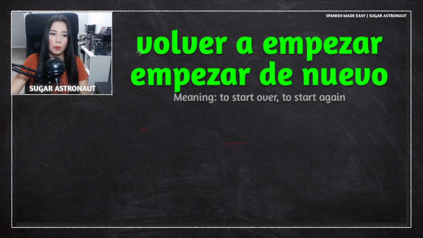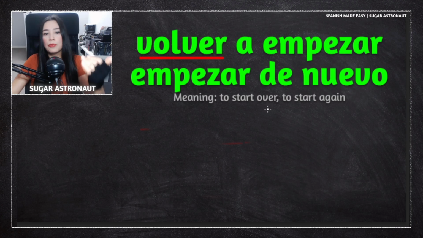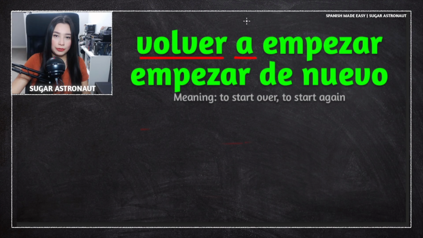Okay, volver a empezar. If you want to use this phrase, you need to know the conjugation of the verb volver. Yo vuelvo, tú vuelves, él vuelve, and so on. And volver a is commonly used in Spanish, so you can remember that little phrase.